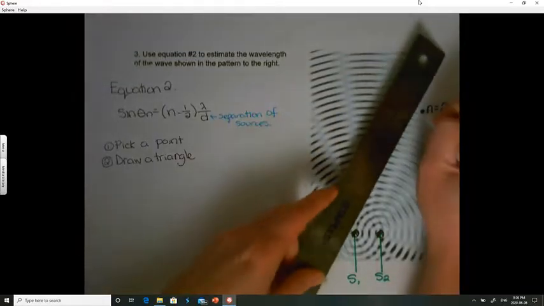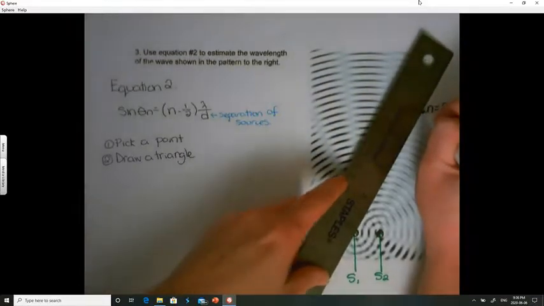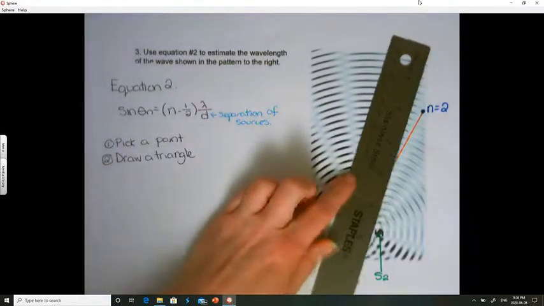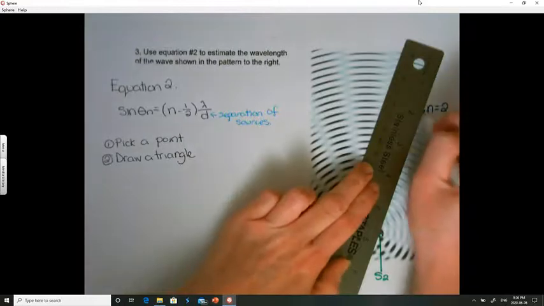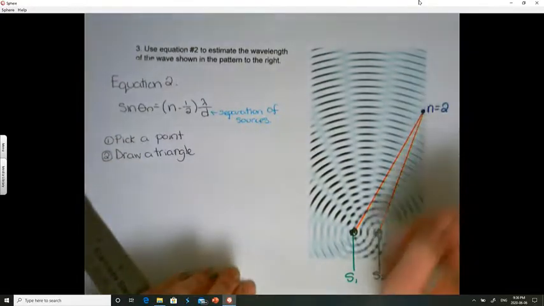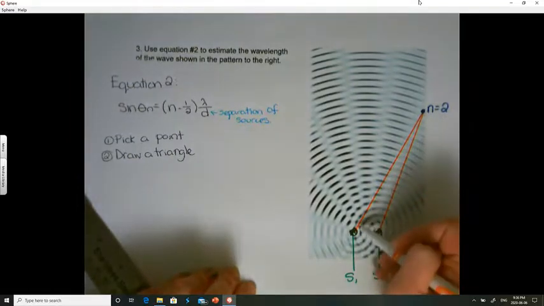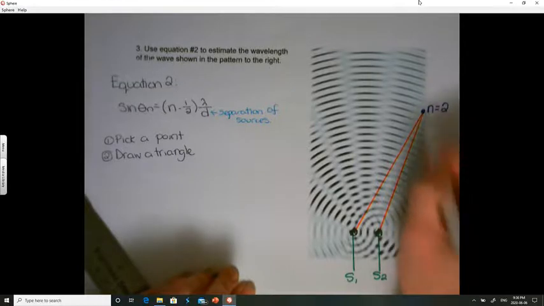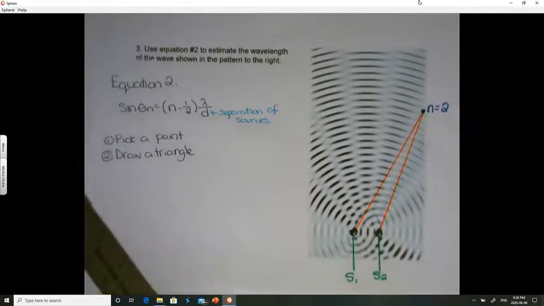So to use equation 1, we would connect that point to our source, measure the length of each of these lines. In this case, this would be P2S1 and P2S2. These are on the second nodal line.